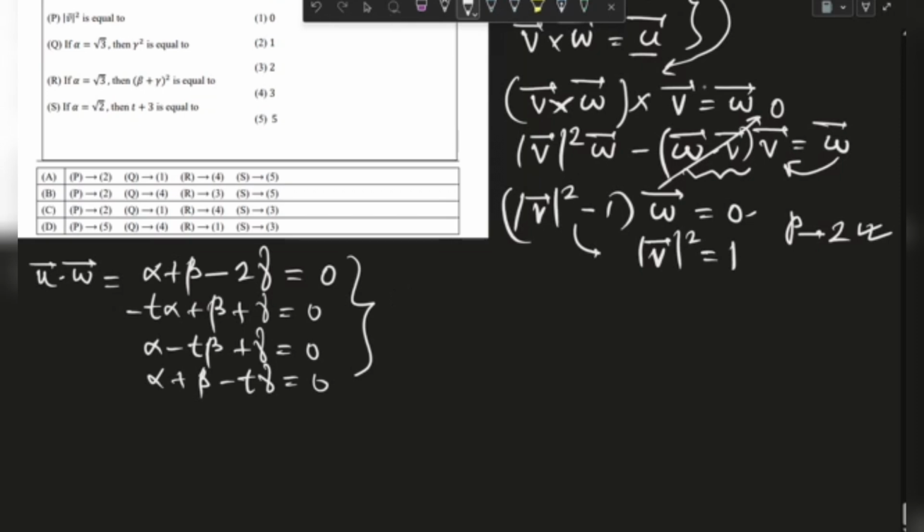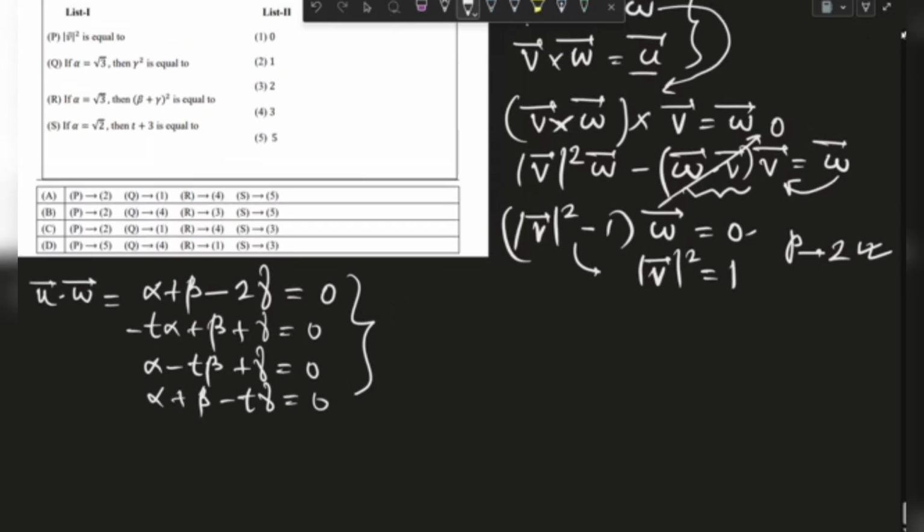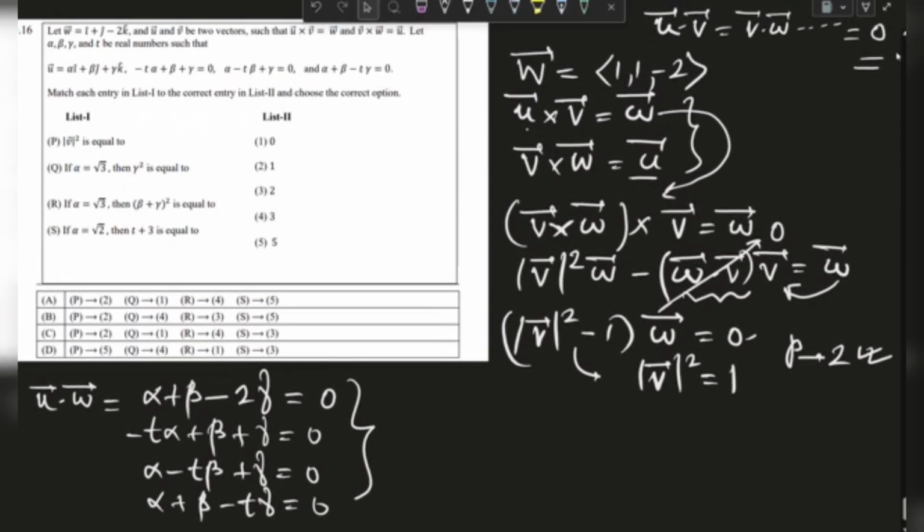Now if you observe this particular question, you will find that alpha, beta, gamma and t are real numbers. Alpha, beta and gamma can't be 0, because if we find mod w from here, it is root 6, and if you put root 6 here, it is a non-zero value.